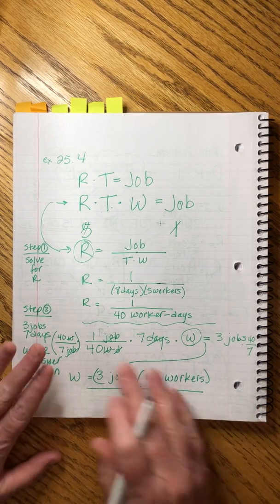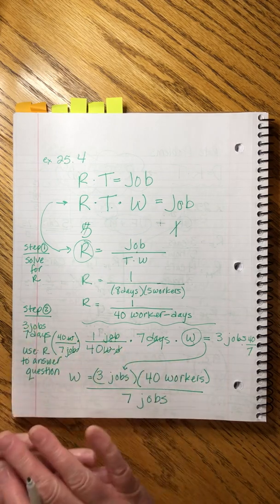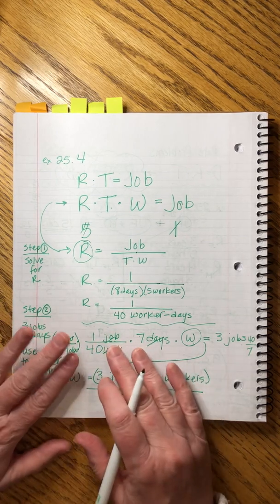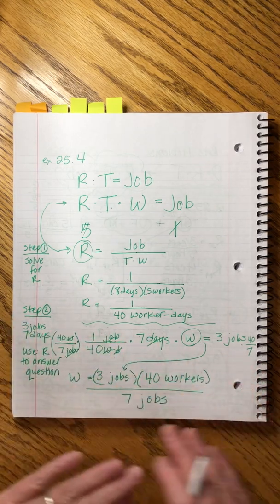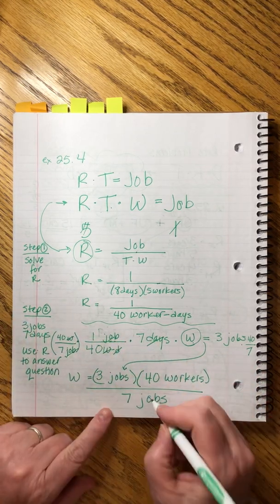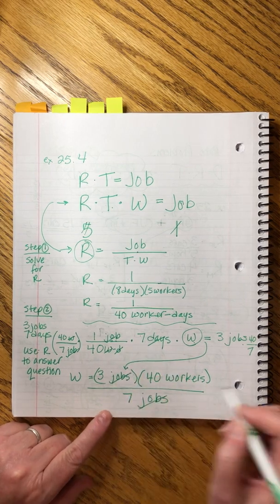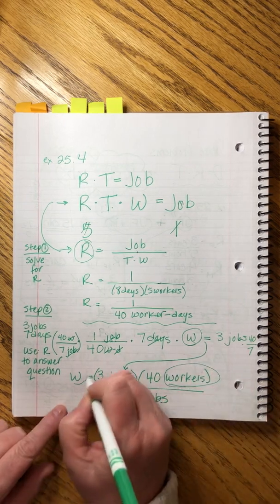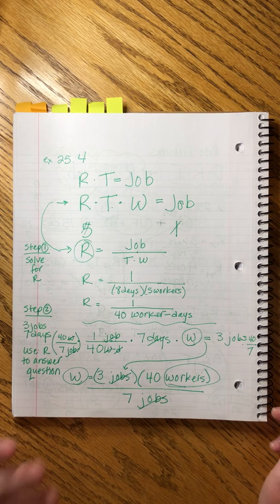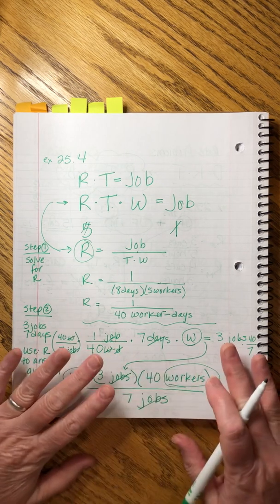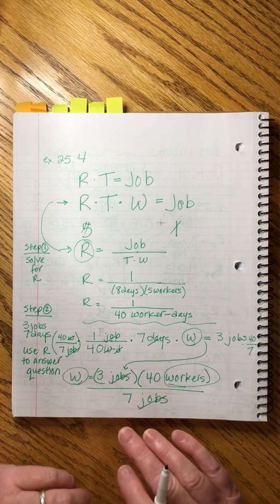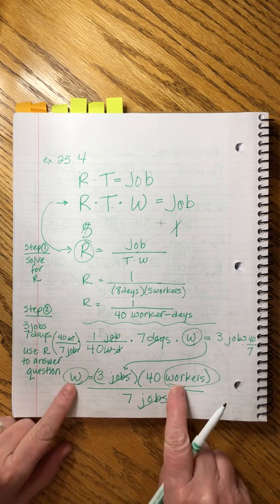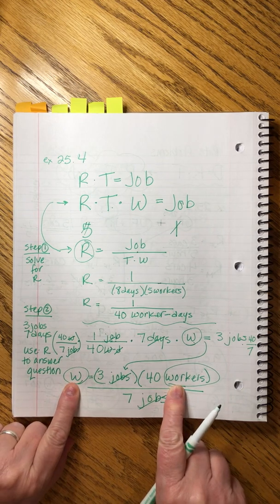All right? Again, I am not trying to make logic of my words. I just put them where they made sense in the beginning, but now I'm just letting them algebraically follow along in the process. Notice that jobs cancels to jobs, and I'm left with workers, which is exactly what I want. So I know that my numbers all behaved properly. That's why I track the words, you guys, is it helps me make sure that the numbers are going where I want them to go, because the units should all cancel out until I end up with what I want.